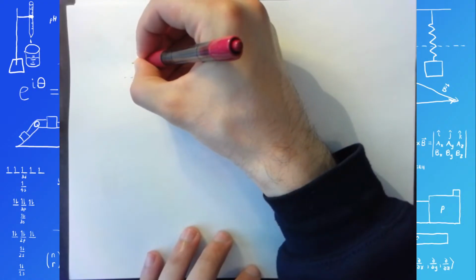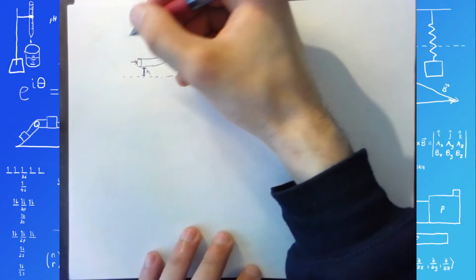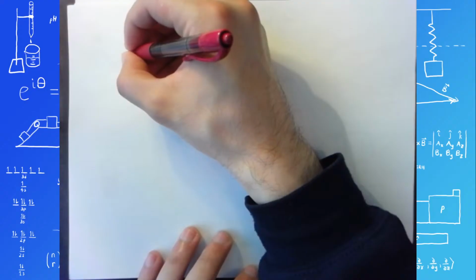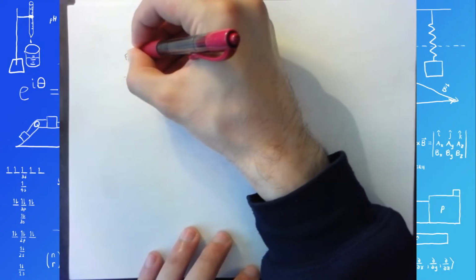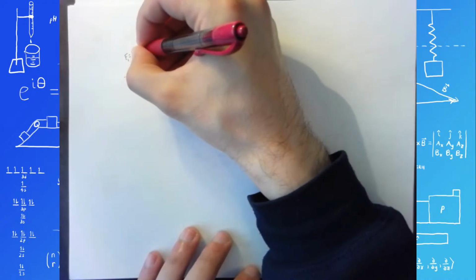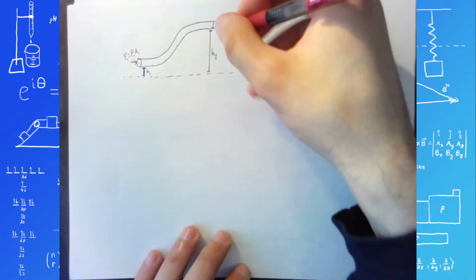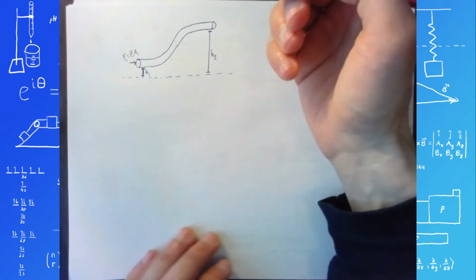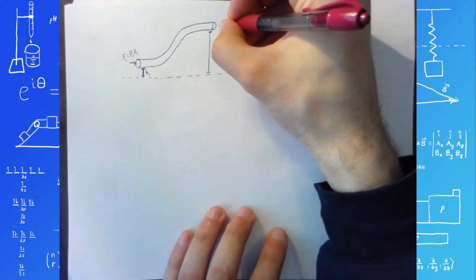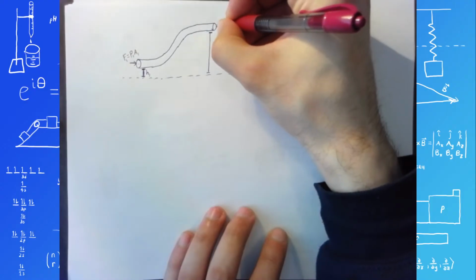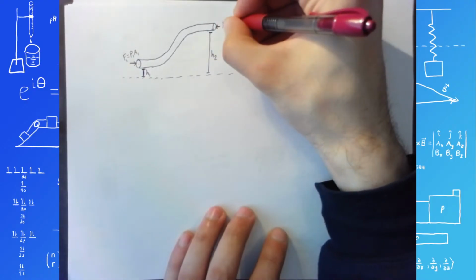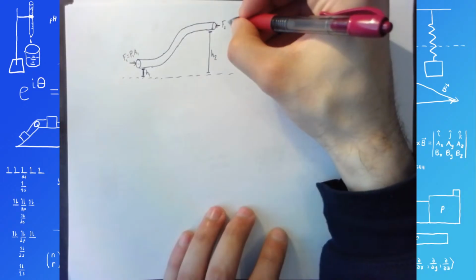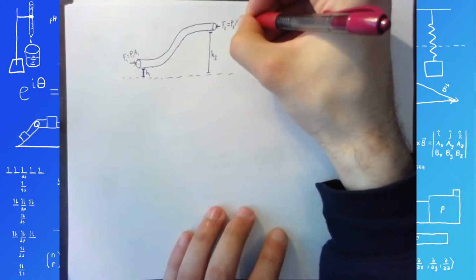There's going to be some force, we'll call it force 1, equals P1 A1. And over here, the area on this side might not necessarily be the same as the area on this side. There's going to be some force that you're acting against over here, force 2, equal to P2 times A2.